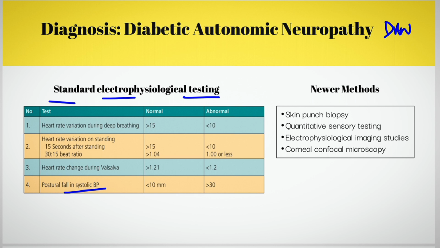Apart from that, there are a few newer methods nowadays to diagnose diabetic autonomic neuropathy, which are skin punch biopsy, quantitative sensory testing, electrophysiological imaging studies, and corneal confocal microscopy.